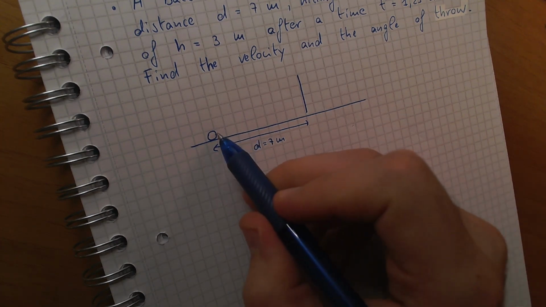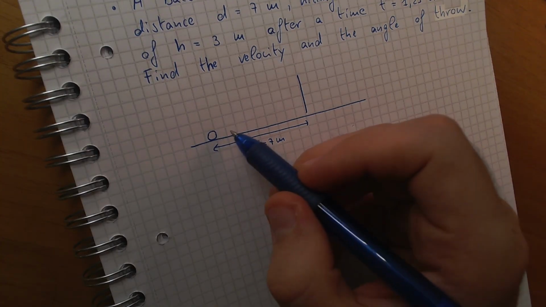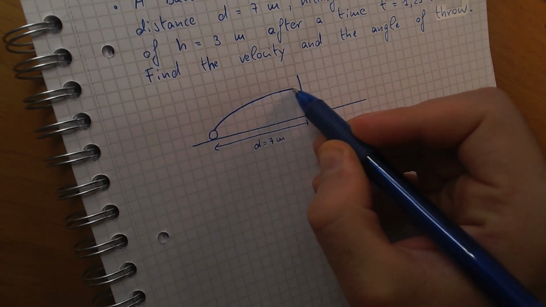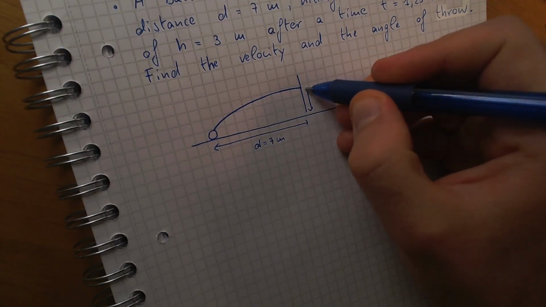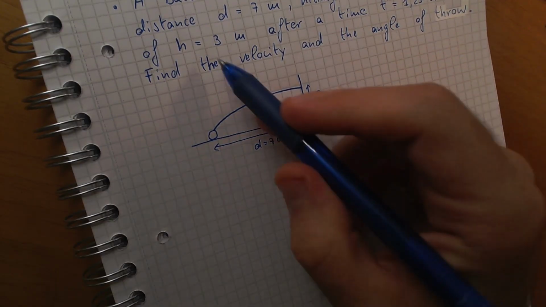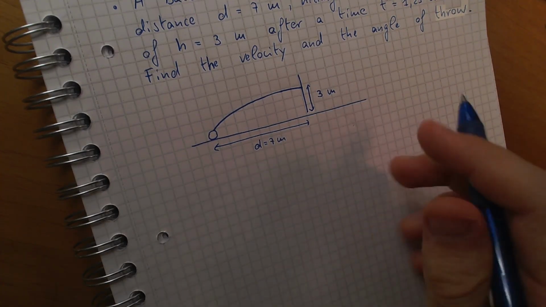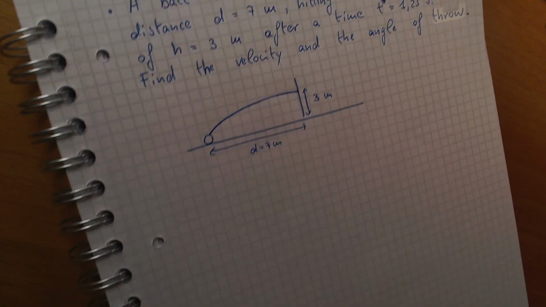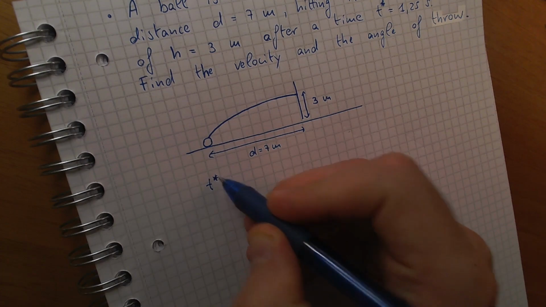So again it follows a parabolic path, so it is again a projectile motion, which will be something like that, more or less, and this height h is 3 meters.